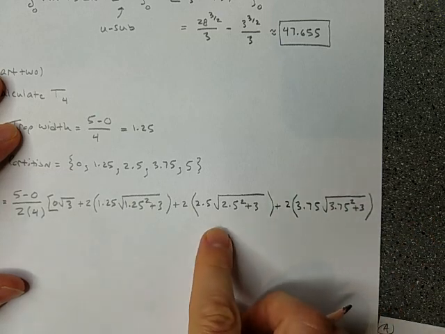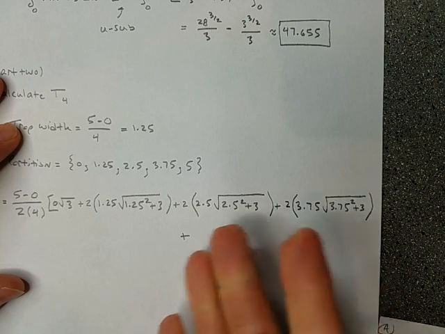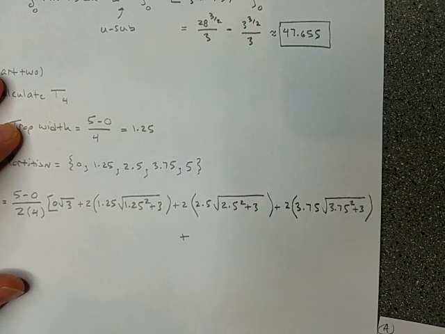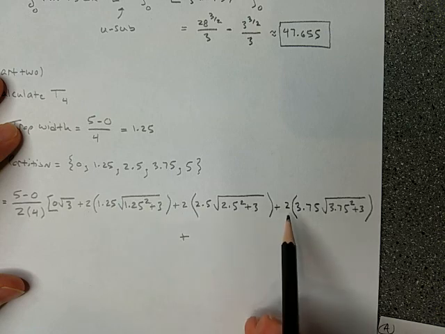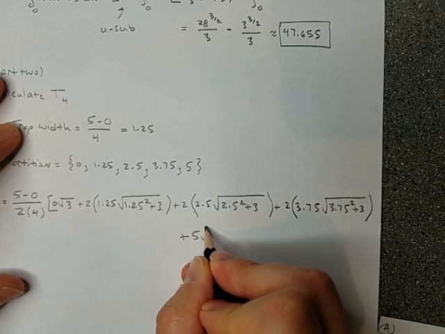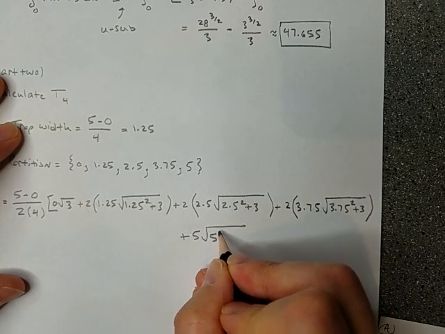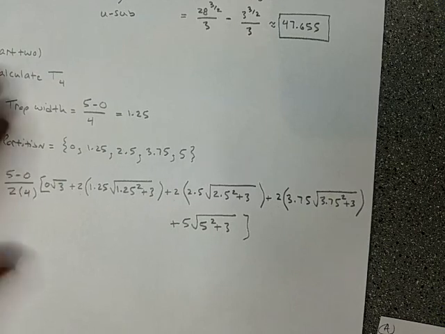Okay, and I got one more. I'm gonna have to continue this line right there. So that last number would be 5. I'm not gonna double that one because I'm doubling only the ones except for the first and the last. So I'll get 5 root 5 squared plus 3. Okay. All right, and then I'll do the math on all that.